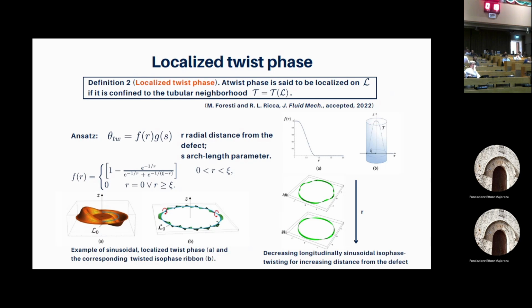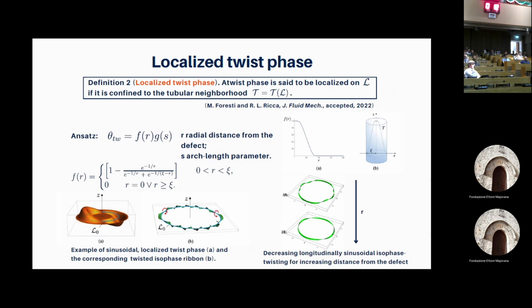Psi is the radius of the tubular neighborhood, which is the healing length. So we choose the healing length as the radial thickness. So you have a twisted isophase only in a tubular neighborhood, and the twisting intensity diminishes with increasing distance r from the vortex.